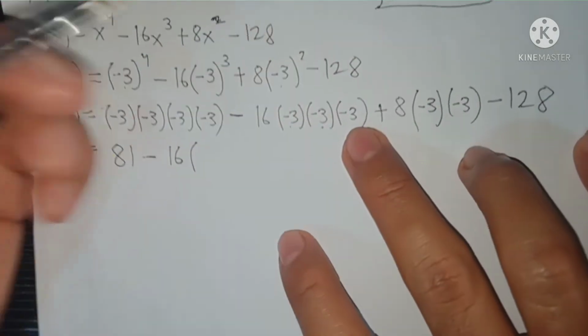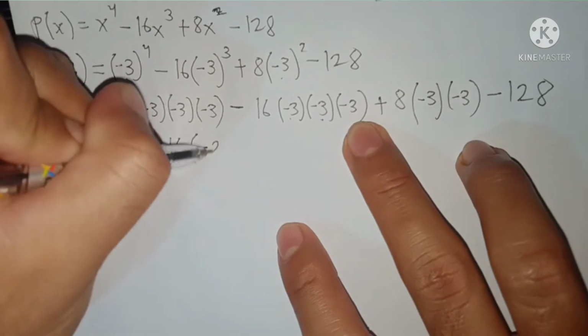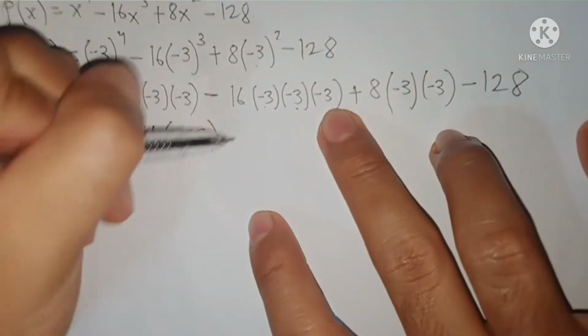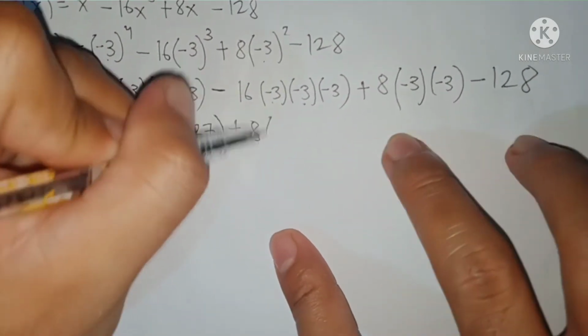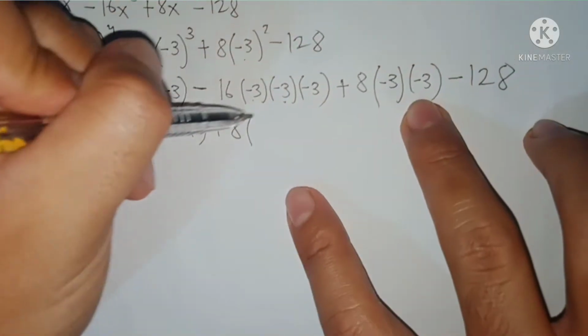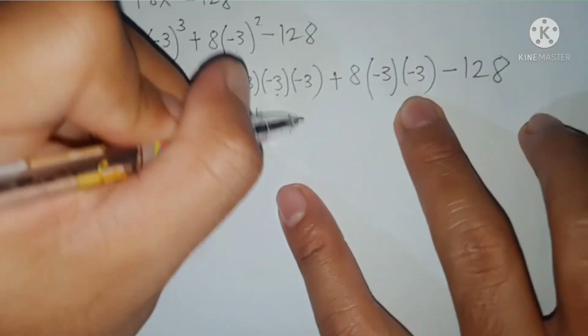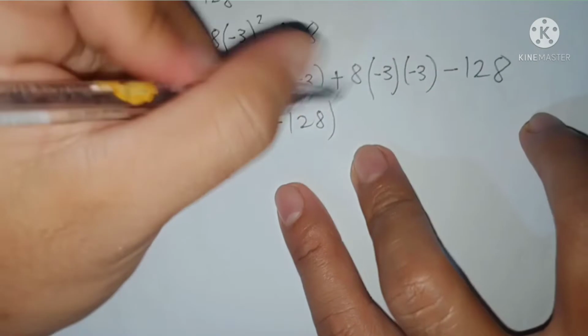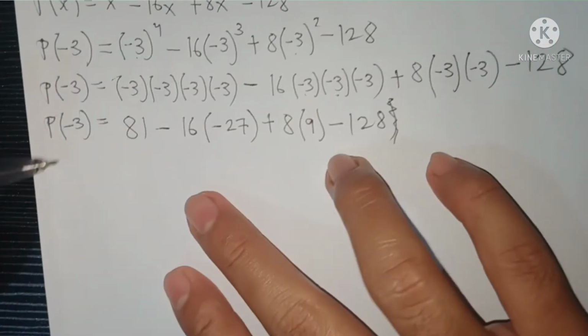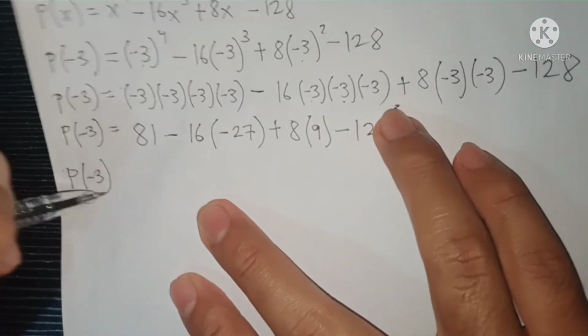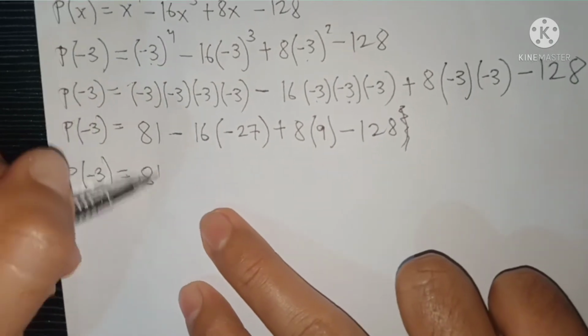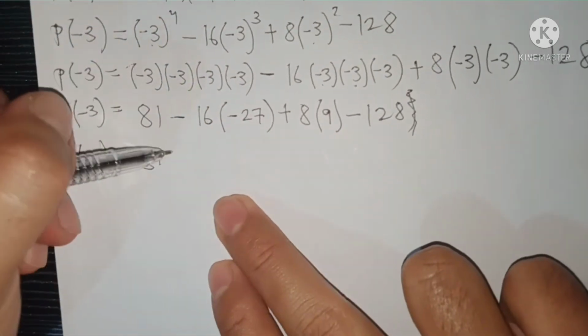And then positive 9 times negative 3 is negative 27. And then plus 8 times negative 3 times negative 3 is positive 9. And then minus 128. Sorry, hindi ito kasama. And then P of negative 3 equals 81. So you have negative times negative, that is positive.